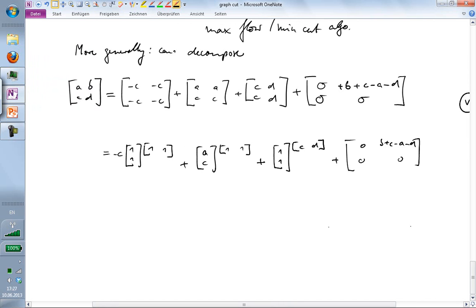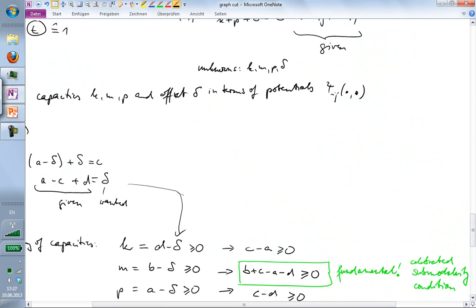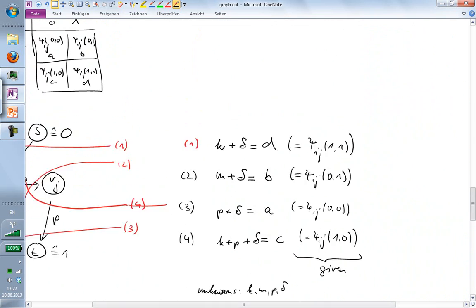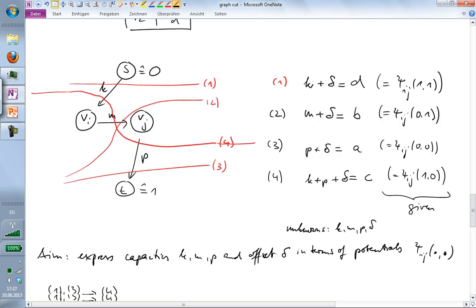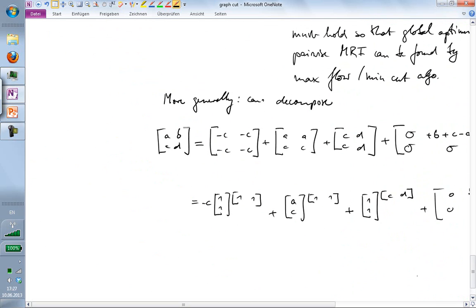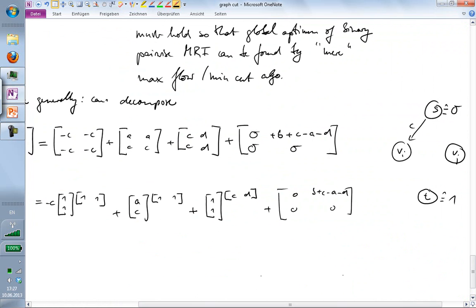So if I go back to this table where I introduced the abbreviations, I said that the rows of the table are a function of xi, the columns of the table are a function of xj. So, in other words, this thing here is a function of xi only. And this is a function of xj.